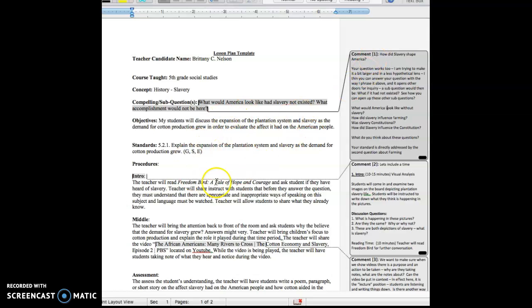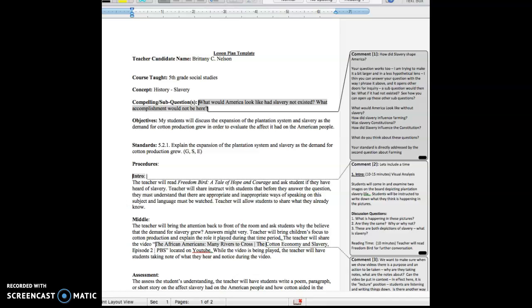So why do they need to know about the expansion of plantation and cotton and slavery? Because we want the students to understand how farming and slavery were intertwined and how that shaped America moving forward and continues to shape America.